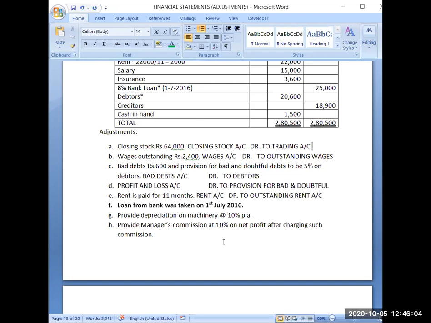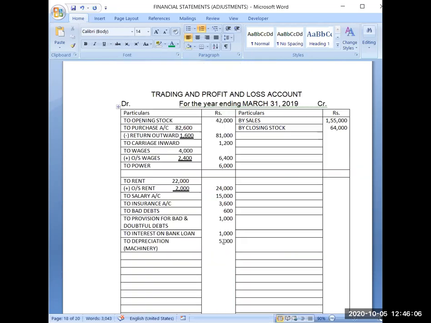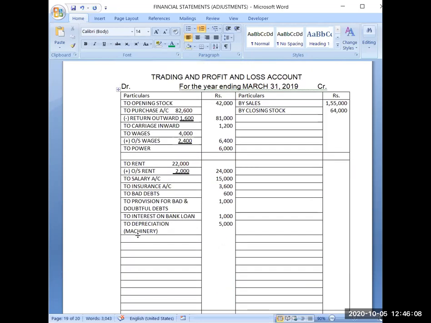This I should know. Now first I will calculate my profit. Because adjustment has to be done right now, I will write here to balance c/d. Then I will put the total here and here also. So first I will calculate my gross profit.